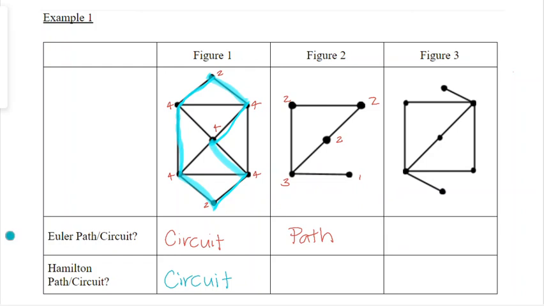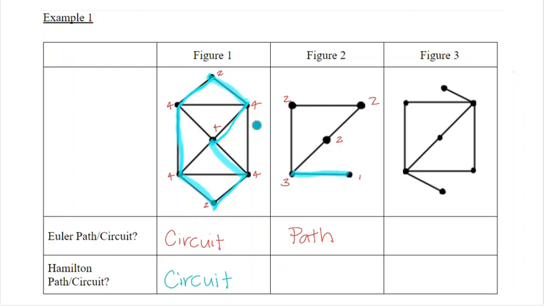So what about Hamilton? Can we create a Hamilton path or circuit? Well, I'm going to choose to start at this vertex with degree 1. Okay, here I have a Hamilton path.